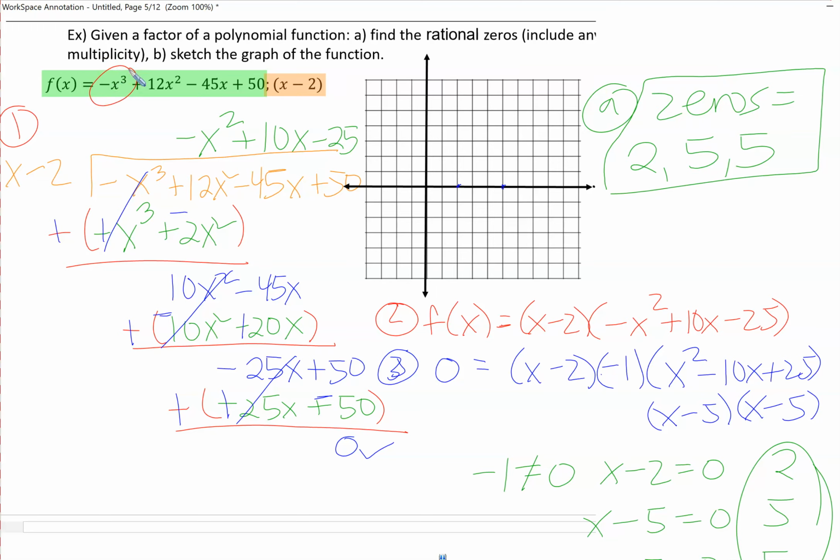That means our right end is going to go down to negative infinity, and our left end has to go the opposite direction, so it's going to end up here. And I have that multiplicity, which means that as the function moves through, that will be a relative maximum because of the multiplicity.